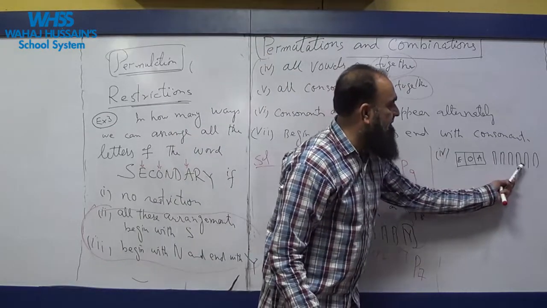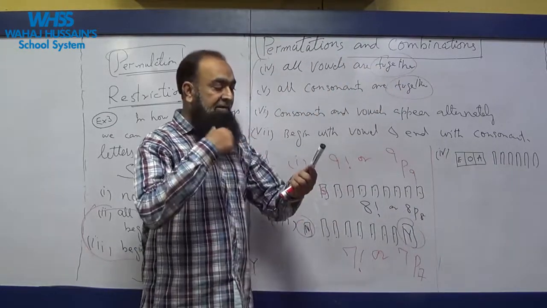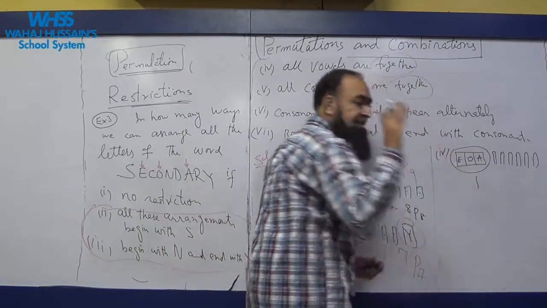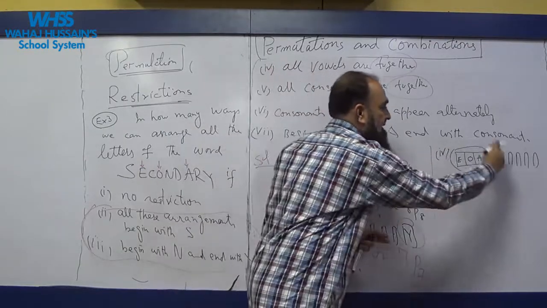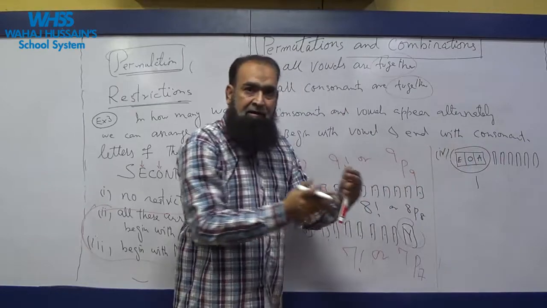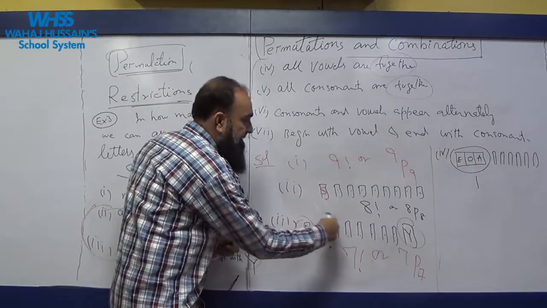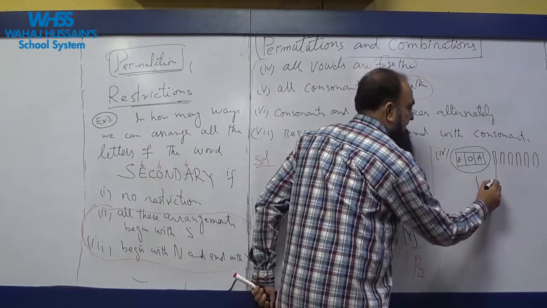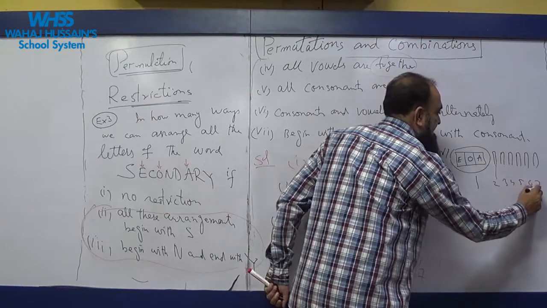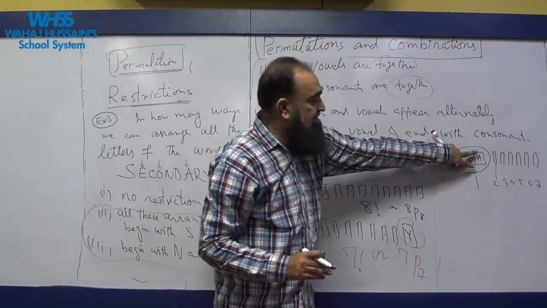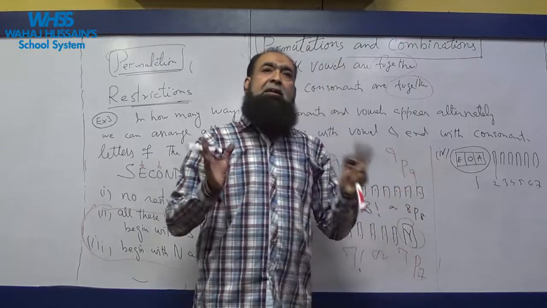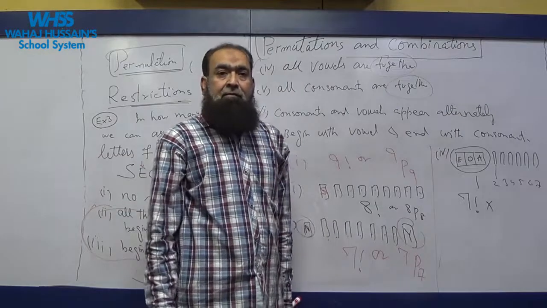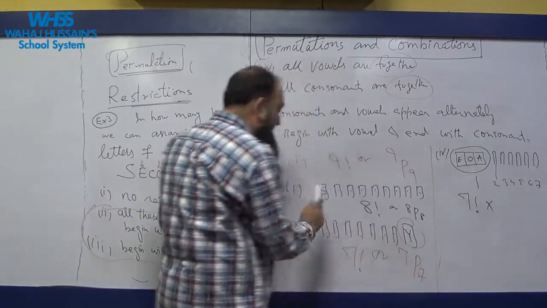So you can count 1, 2, 3, 4, 5, 6. So what is the way? The way is to count this whole block as 1 externally. This whole block will move like this. The complete block will be moving, while here a single object will be moving. So we count 1 for the block, then 2, 3, 4, 5, 6, 7. Total 7: 6 plus 1, that is 7. So 7 factorial. And the question said vowels are together.